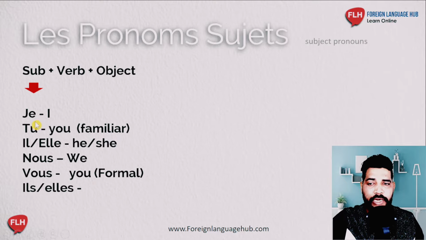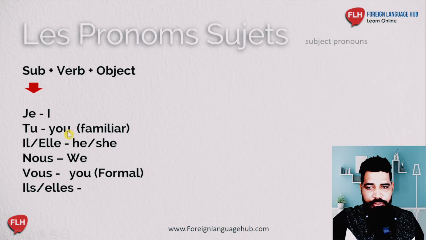Okay, so let's start. Je, which is I, tu, which is you, used for same age group people. Il, elle, so he and she, same as in English. Il for he, elle for she. Nous, we, vous, vous is for you again.